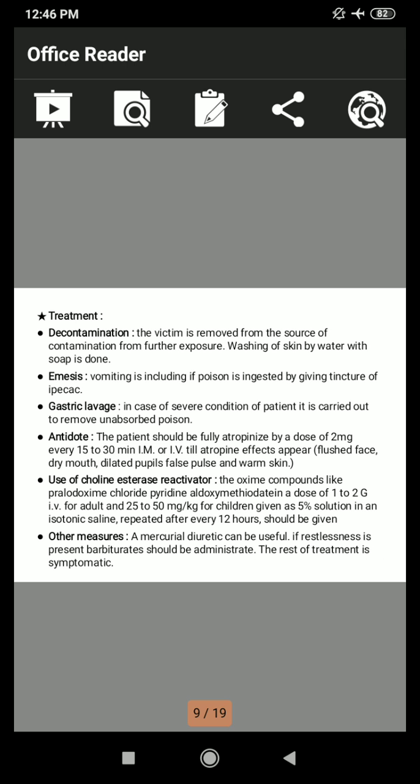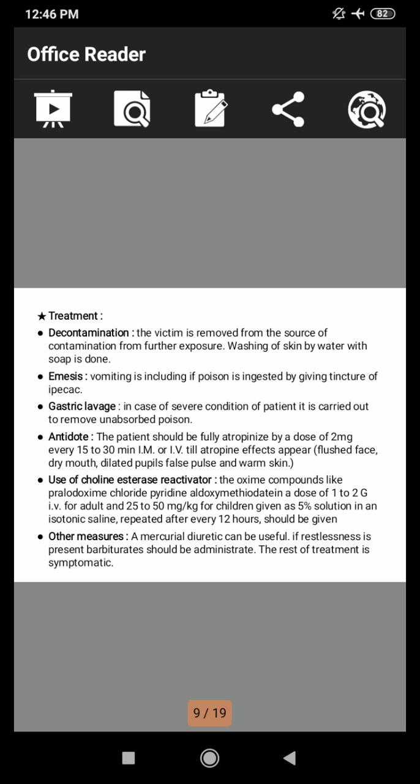A dose of 1 to 2 g IV for adults and 25 to 50 mg per kg for children, given as a 5% solution in isotonic saline. It should be repeated every 12 hours.